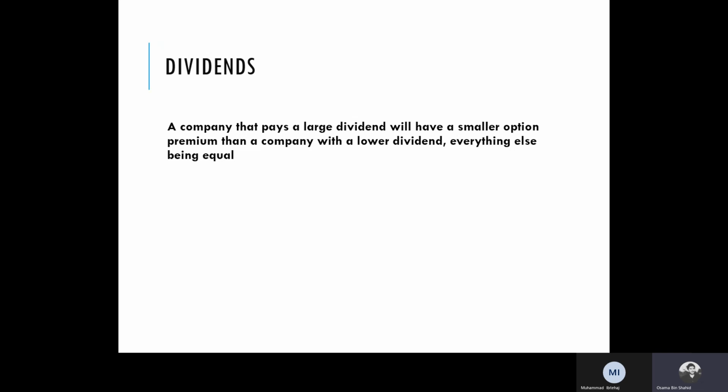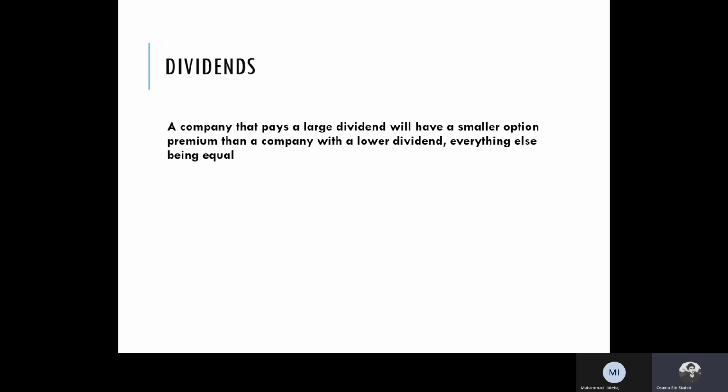Dividends. If a company pays a large dividend, then its call option premium will be smaller than that of a company with a lower dividend. If a company pays larger dividends, then their premium will be smaller, and if the company pays lower dividends, the call option will be higher.